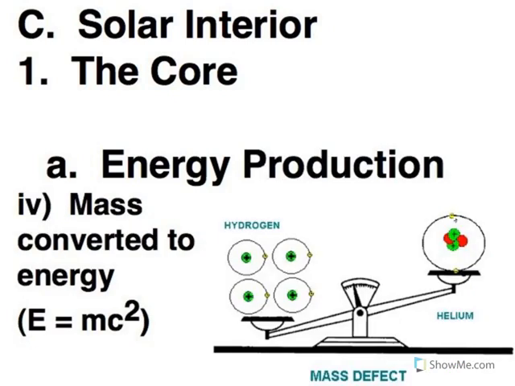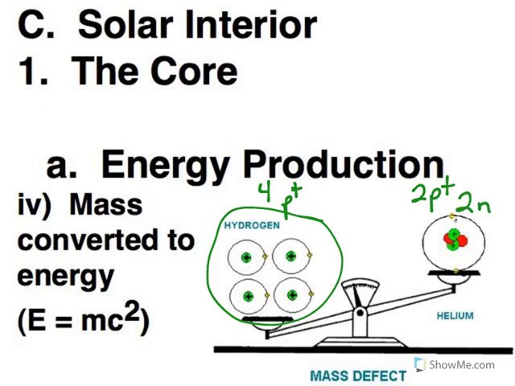Well, it turns out that if you weigh that original 4 protons, and if you weigh 2 protons and 2 neutrons, 4 protons weigh more than the 2 protons and 2 neutrons. So where did the mass go? Well, the mass turned into energy.